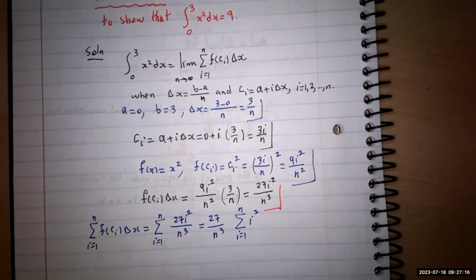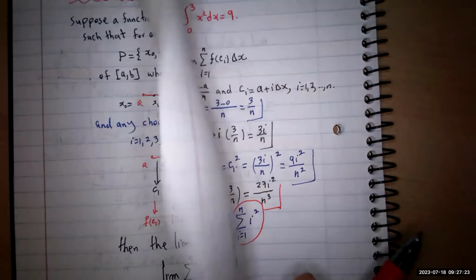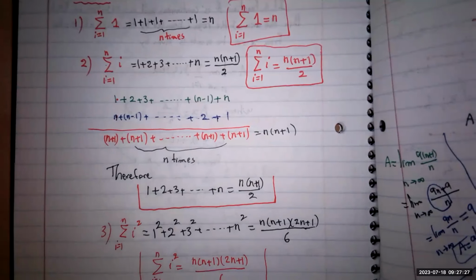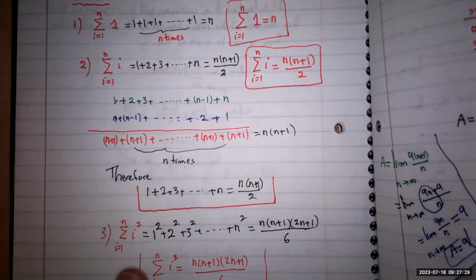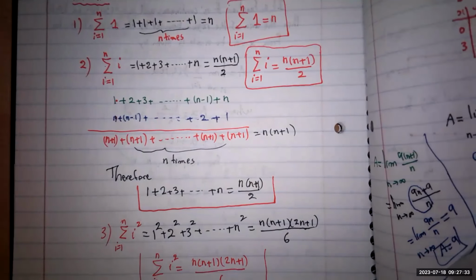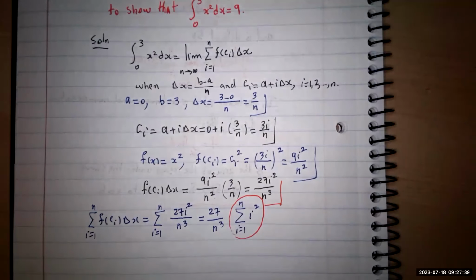Any question? Now this formula would be given to you. Remember, it's the one you see on the test, or you bring it. Let me give you this: sigma i squared is n times (n plus 1) times (2n plus 1) over 6. So you substitute to simplify it.